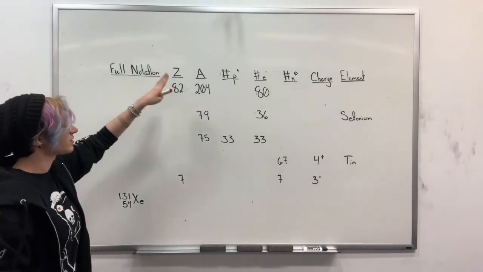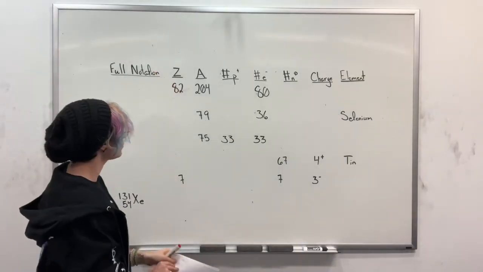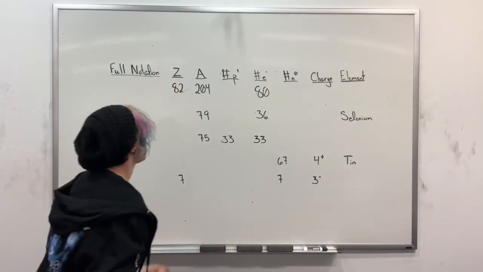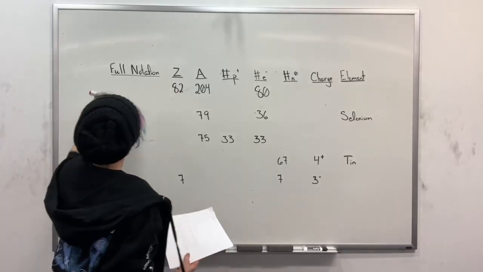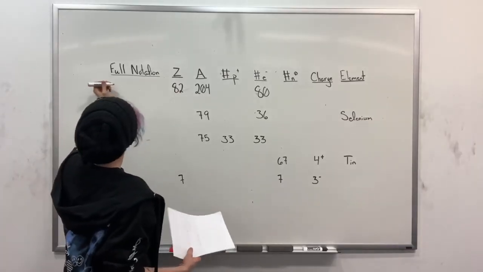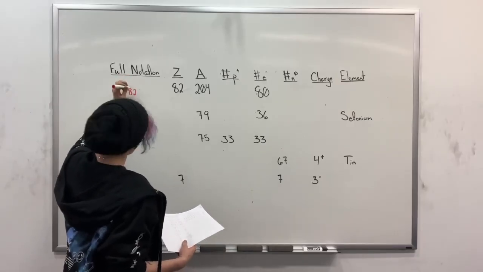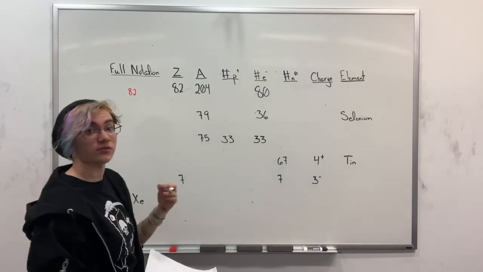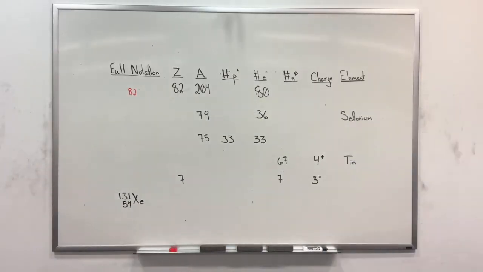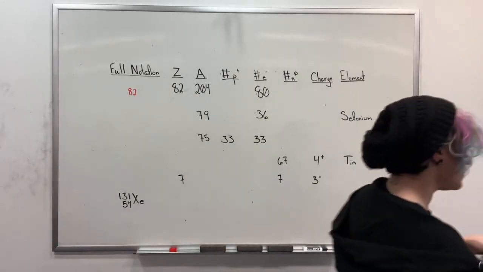You have to know that these letters are associated with the specific values. And so if Z is our atomic number, then we know part of our notation. We actually know a lot of our notation. The number in the bottom left is going to be 82. And now we just have to look for 82 on the periodic table itself, which is Pb.